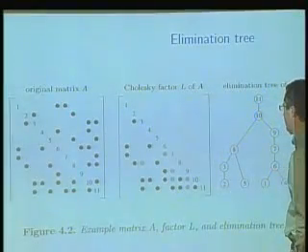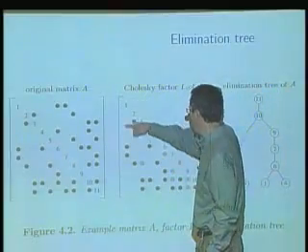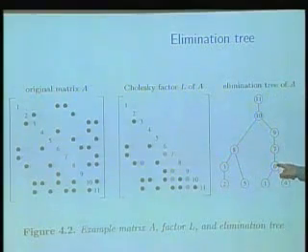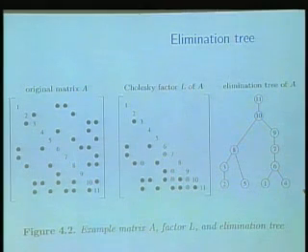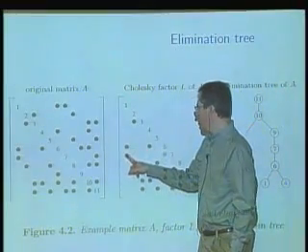And this is the tree. So for example, if you go down from 1 to 6, there's going to be an edge in the tree from 1 to 6. But the edge from 1 to 7 is redundant. We don't need this edge from 1 to 7.